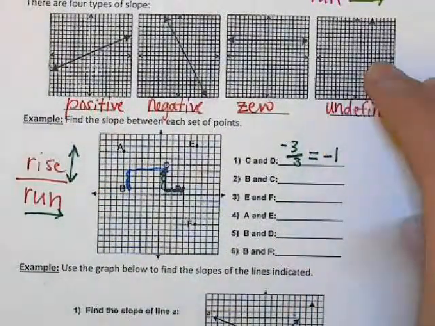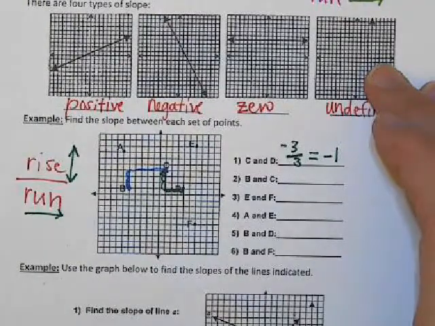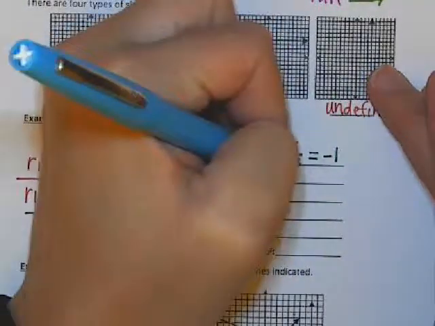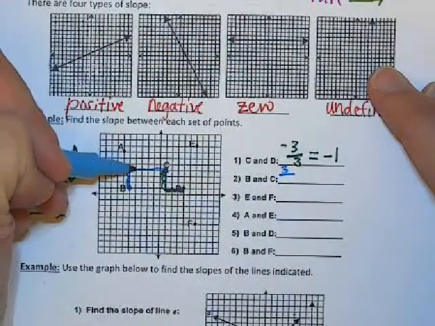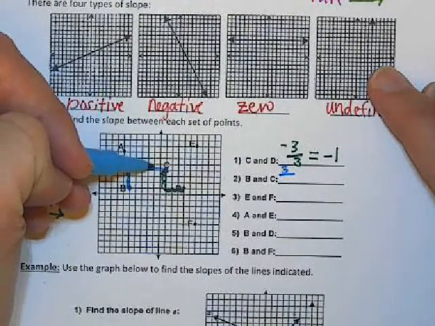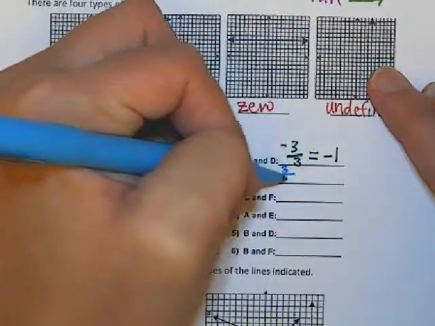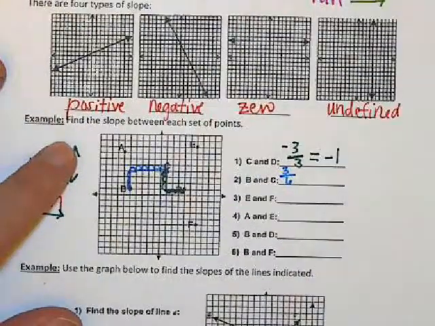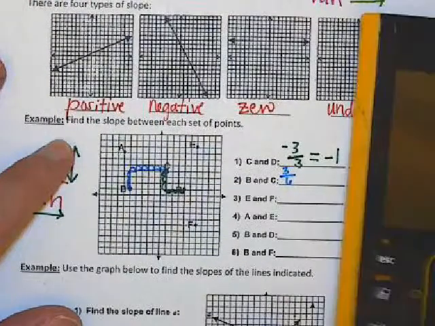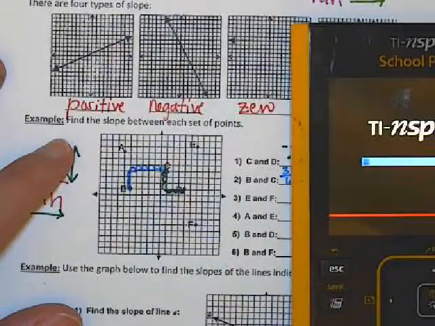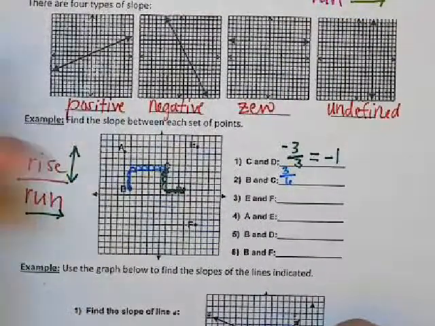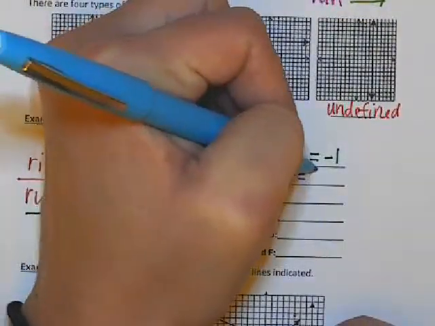Is that positive or negative? Positive, because I go up. You should be writing with me. So positive 3. Then I'm going to run 1, 2, 3, 4, 5, 6. So 3 over 6. You can put that in your calculator and see if it reduces. 3 divided by 6 is 1/2.